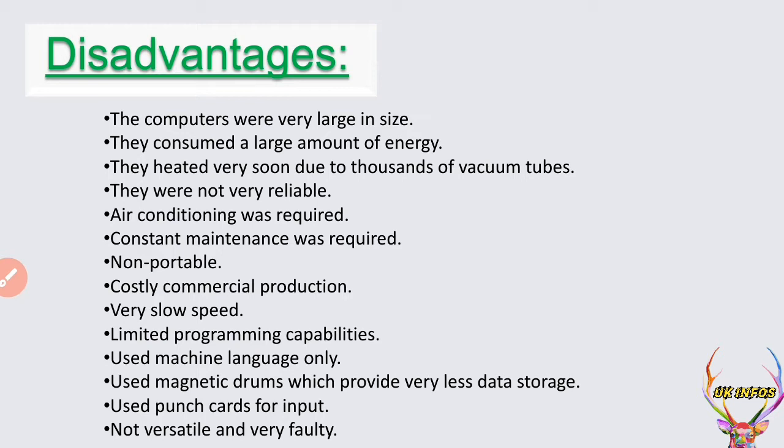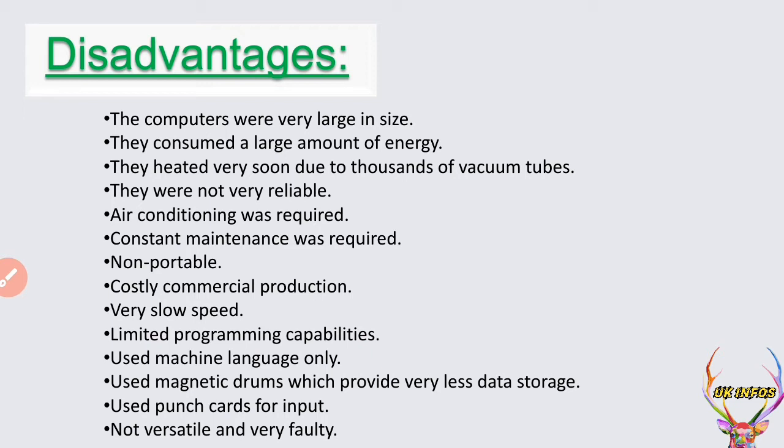We could not trust the computer because we don't know when it will get damaged. Air conditioning, an AC room, and constant maintenance were required, otherwise it would get damaged. They were not portable, because it was a very big computer and we could not carry it. Commercial production was costly, speed was very slow, and programming capabilities were limited. They used machine language only.